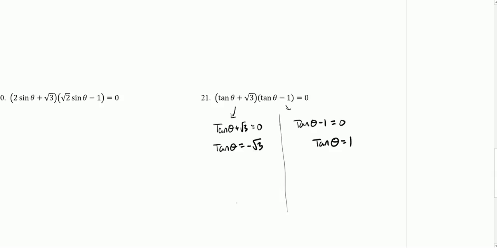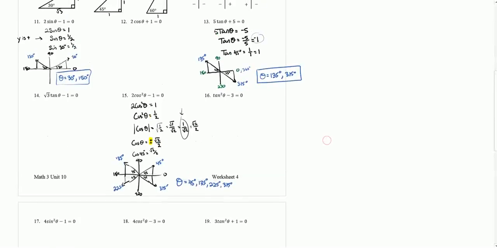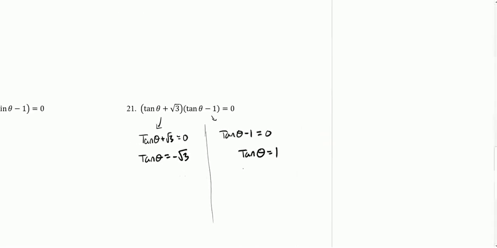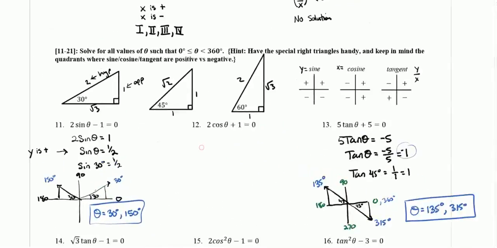We talked about already in number 13 that the tangent of 45 is 1. Okay, so I'm going to use that. But the tangent of what is going to be negative root 3? And so let's go back to our triangles up here.